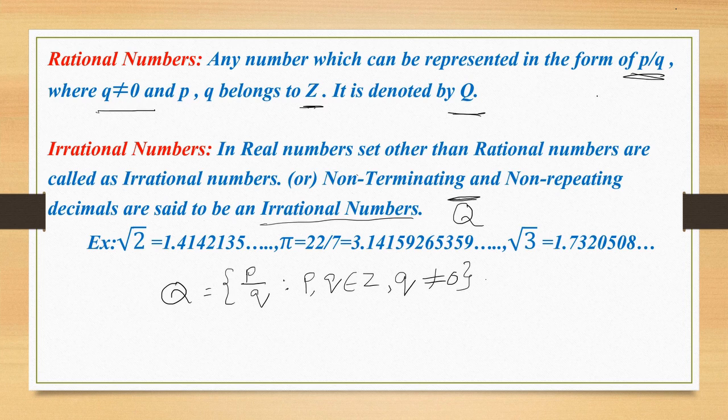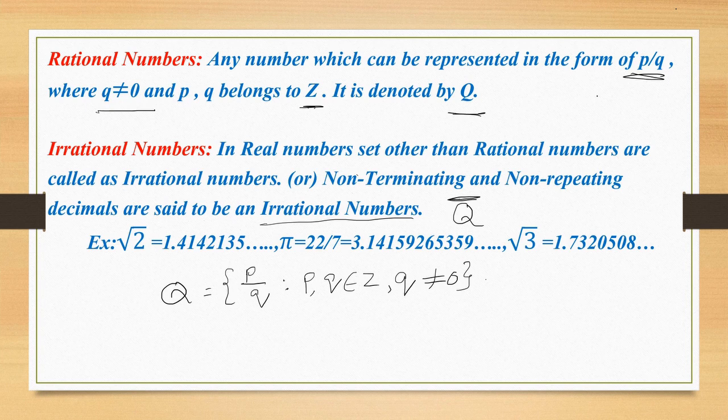That means they are non-terminating and non-repeating. There is no end digit, and there is no repetition either. That type of fractional numbers are called irrational numbers.